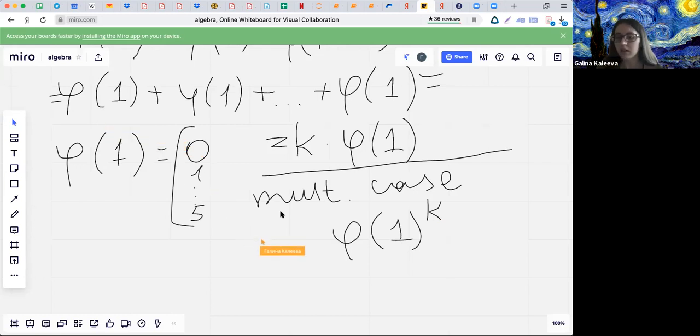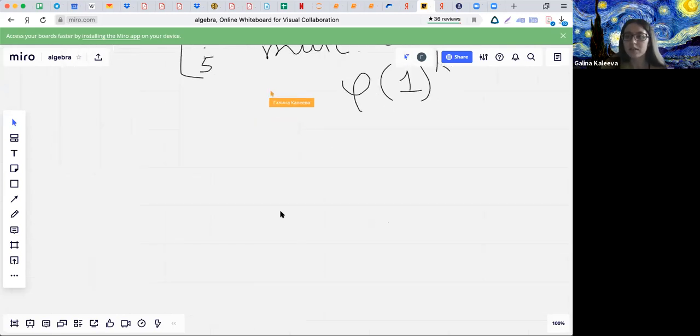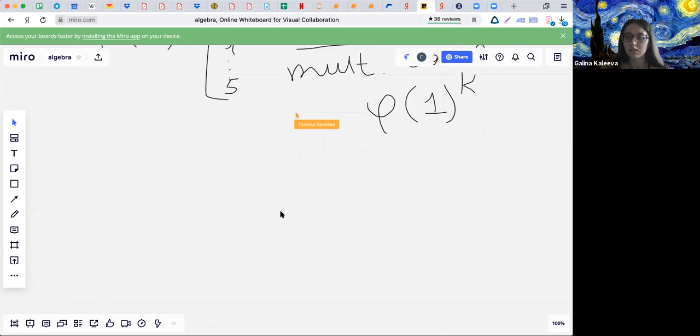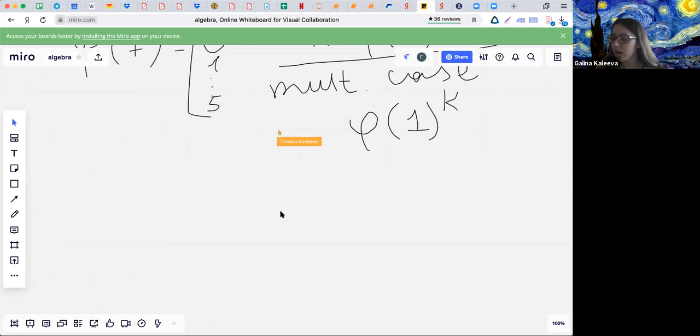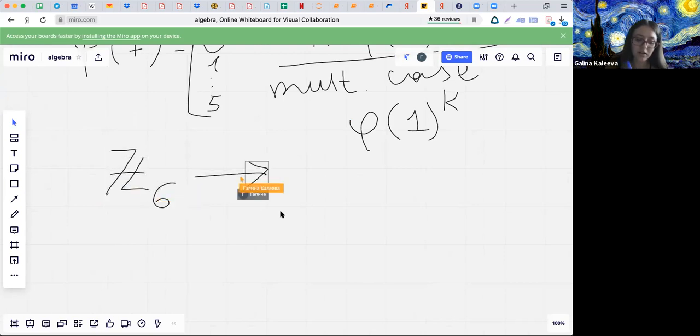Where we can see some problems with this method. Let's consider the opposite case, where we have the group of reminders, and we need to find all the homomorphisms to real numbers.